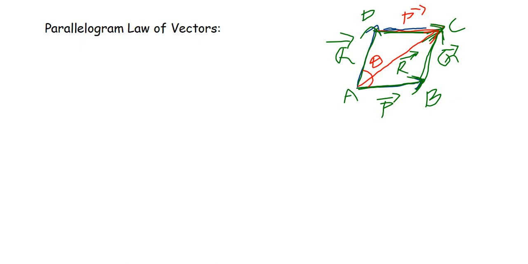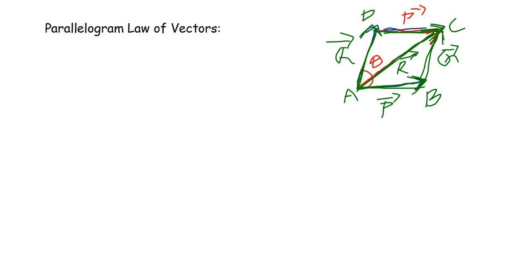So if this is a parallelogram, and P bar and Q bar are two vectors, then the resultant vector of this parallelogram starts from the origin of these two vectors. It passes through the diagonal of this parallelogram.